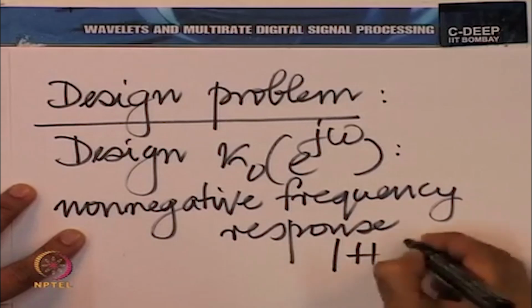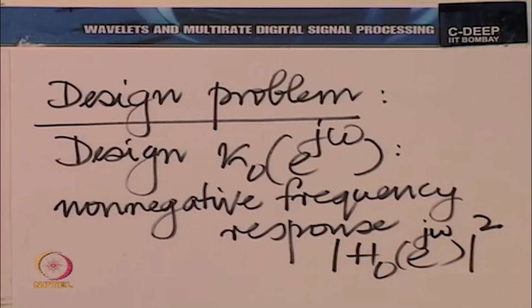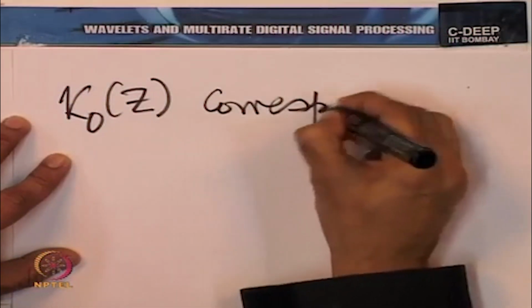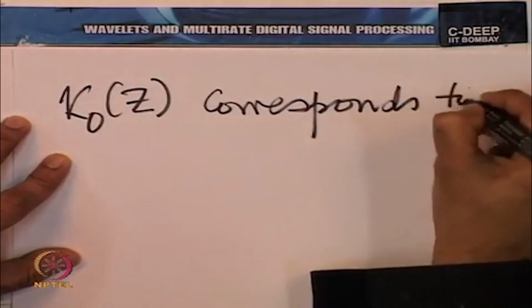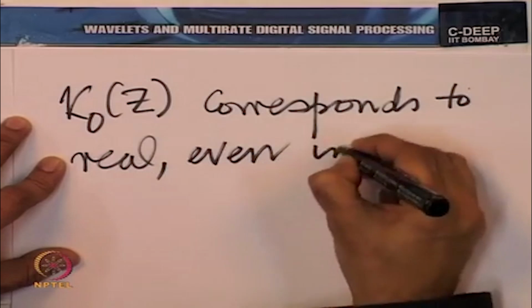Mod H0(e^{j omega}), the whole squared. And this non-negativity can only come from an even, a real and even response. So, we are saying kappa0(z) corresponds to a real and even impulse response.